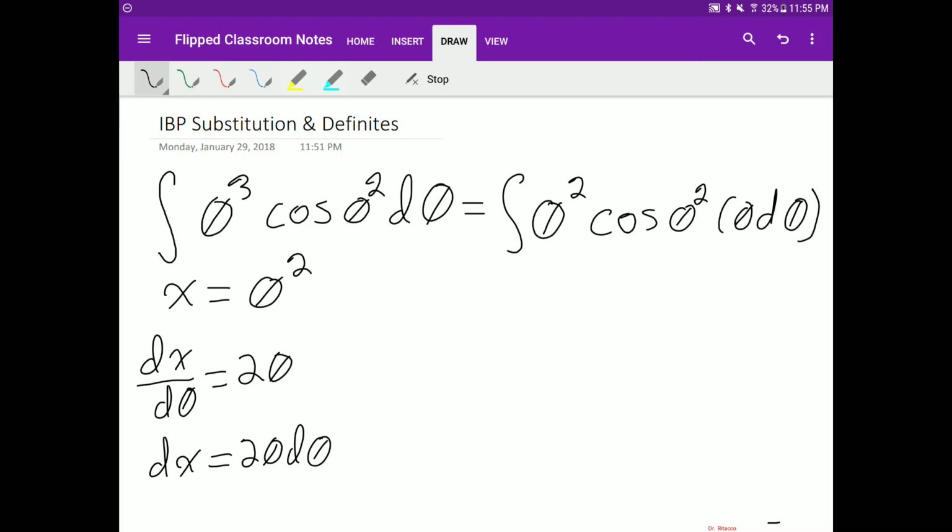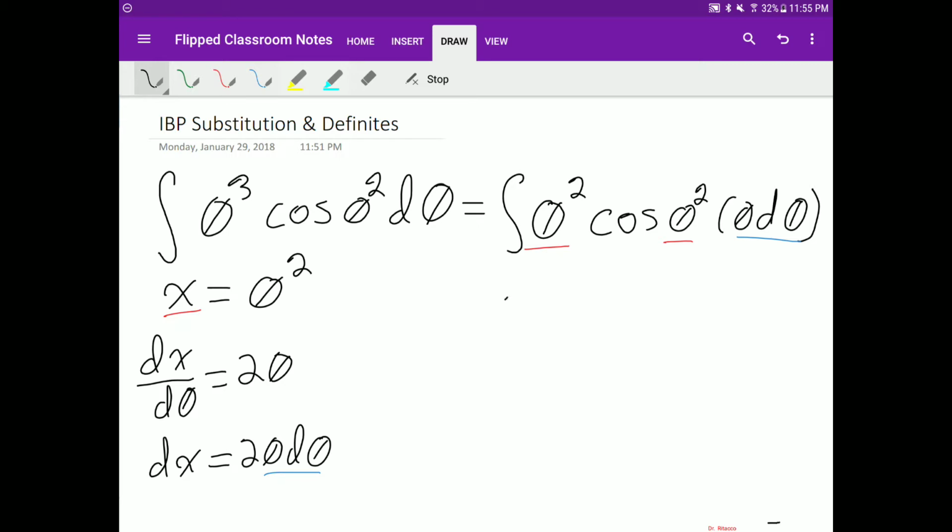Okay, now notice I've got theta d theta and theta d theta. So I can make a substitution where I substitute x values for theta squared and dx over 2, right? I have to divide both sides by 2 to do a theta d theta substitution.